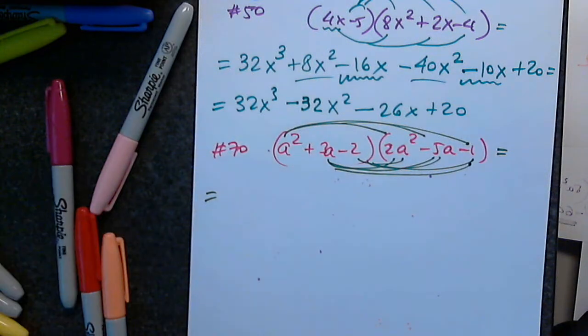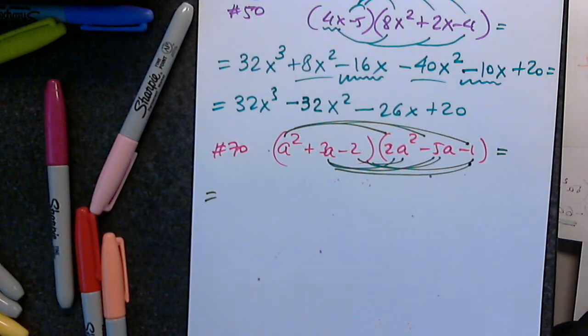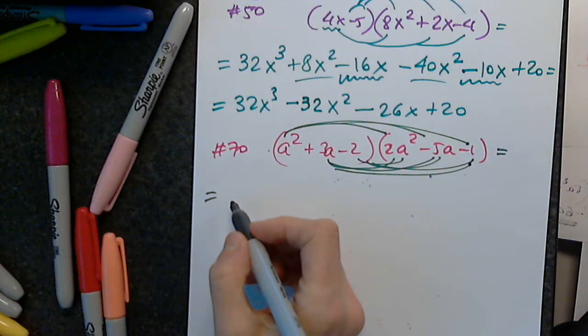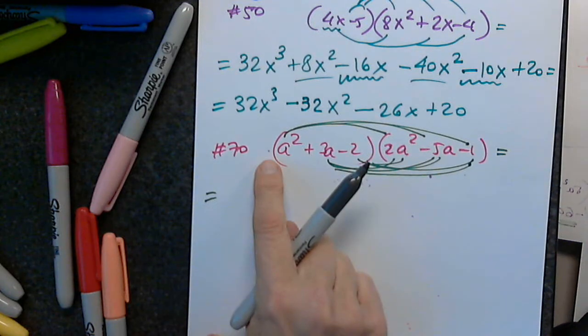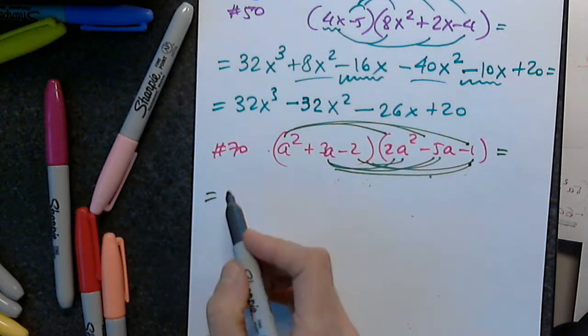Very good. Can anyone dictate? Would it be 3a to the 4th? Careful. I multiply numbers first. 1 multiplied by 2 is 2.